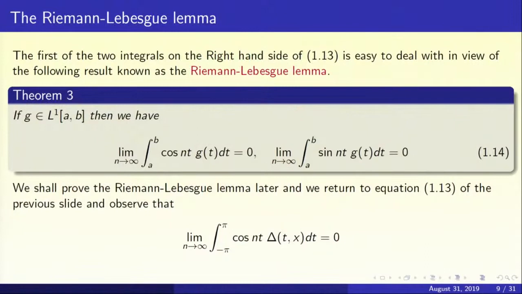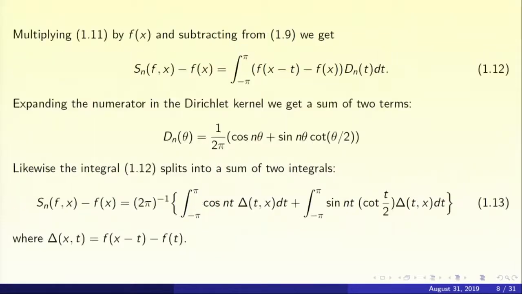The function f is continuous. Therefore the Riemann Lebesgue lemma applies, and the integral from minus pi to pi of cosine nt times delta tx dt goes to 0.